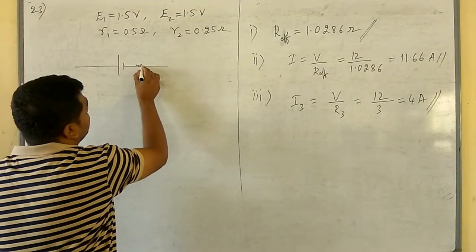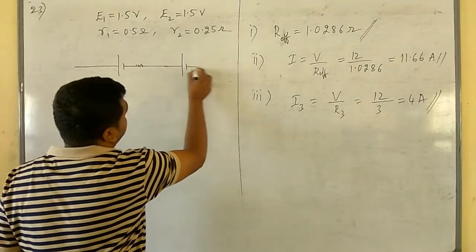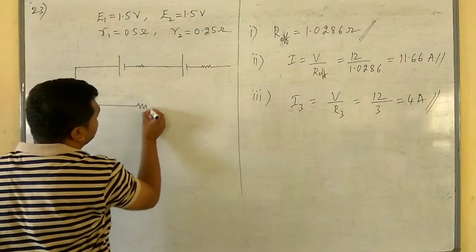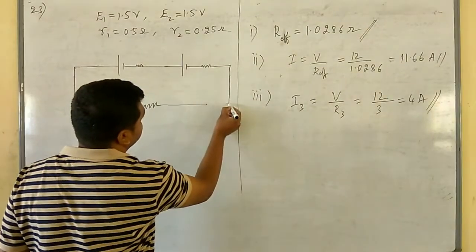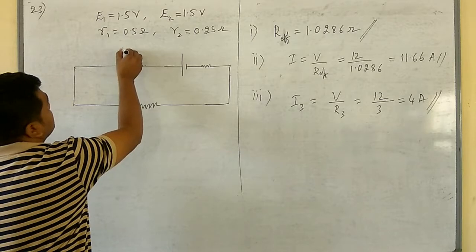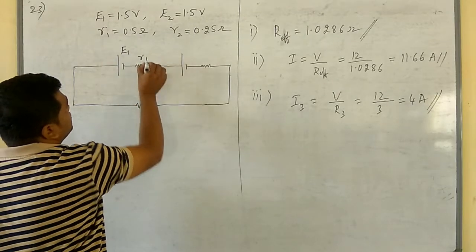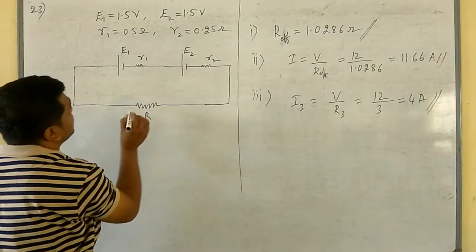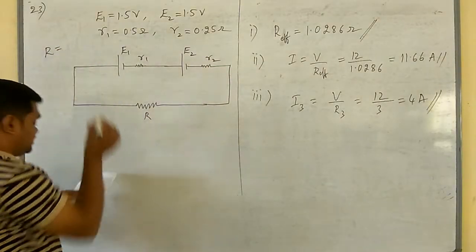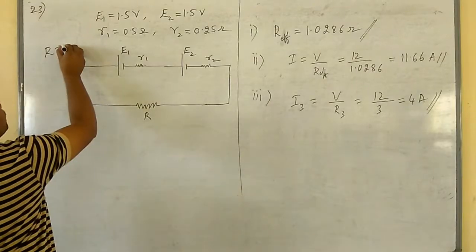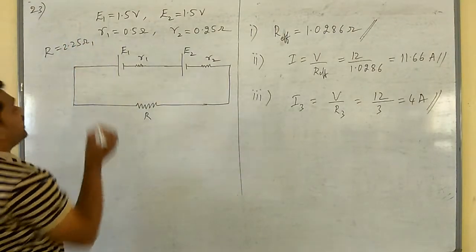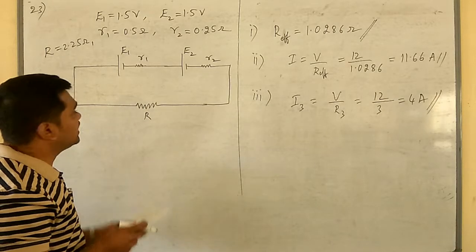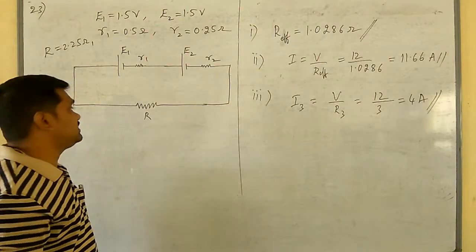Here an imaginary resistance will come. Okay. So next, this combination is connected to an external resistance R. This is E1, this is R1, E2 and this is R2 and this is capital R. What is the value of capital R? They have given here 2.25 ohm. First one, calculate the current in the circuit. Second one, PD across each cell.